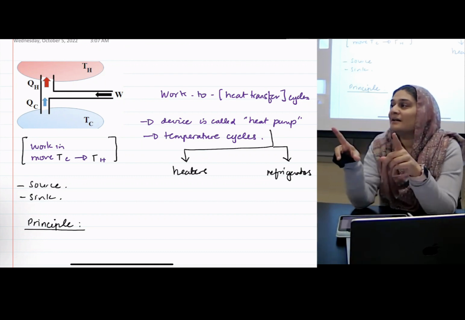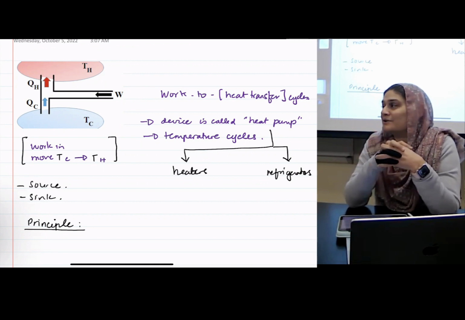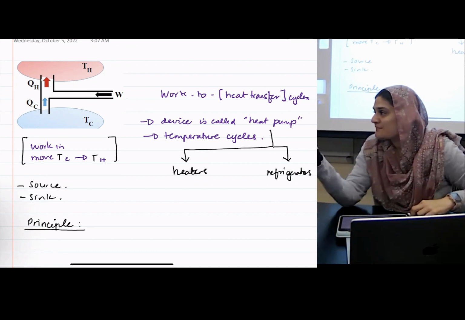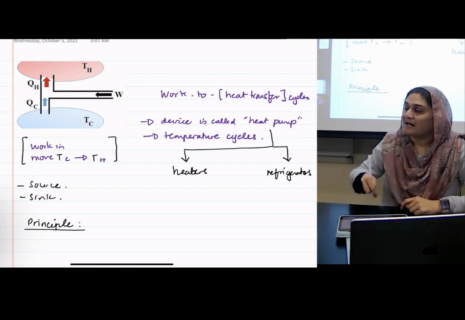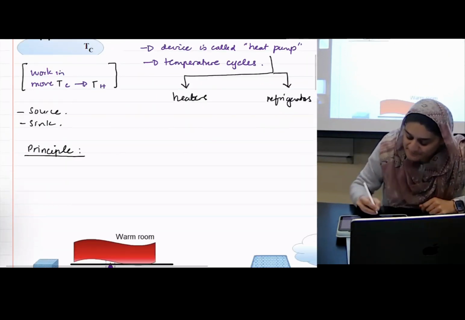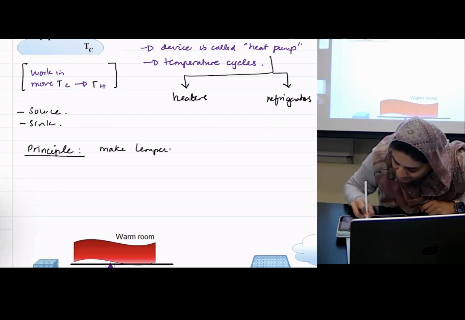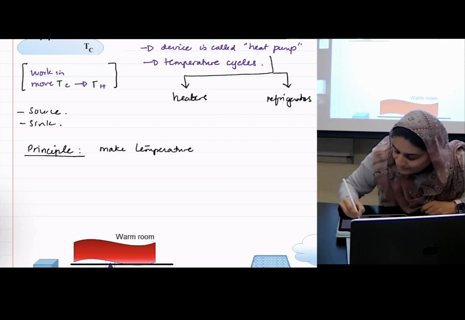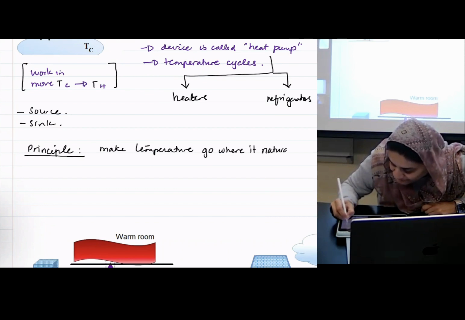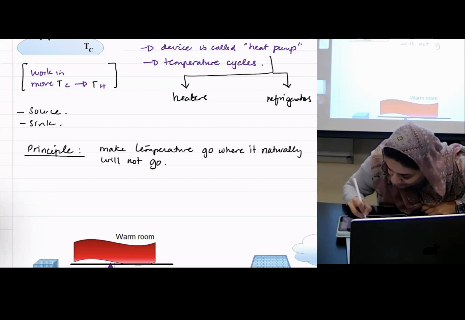That will be an unnatural process. What do you have to do to cause that unnatural process to work? Does that make sense? That is the principle behind all of this stuff. So the basic principle is make temperature go where it naturally will not go.